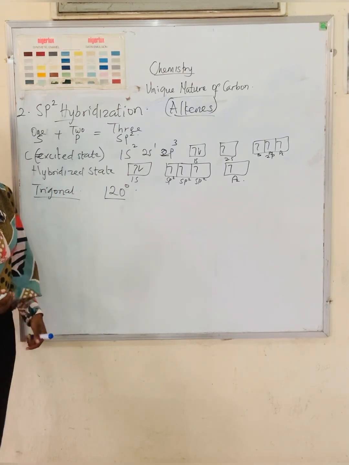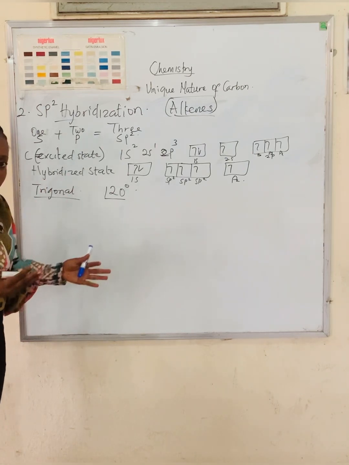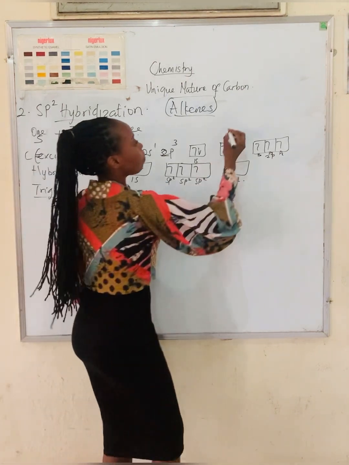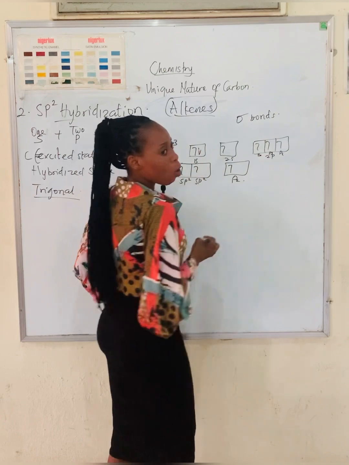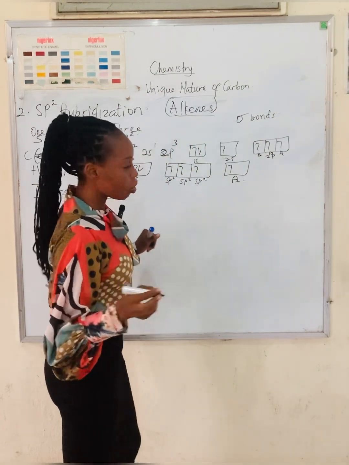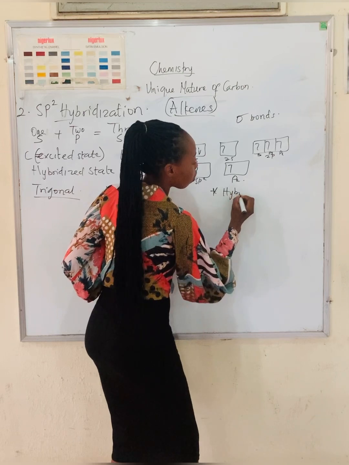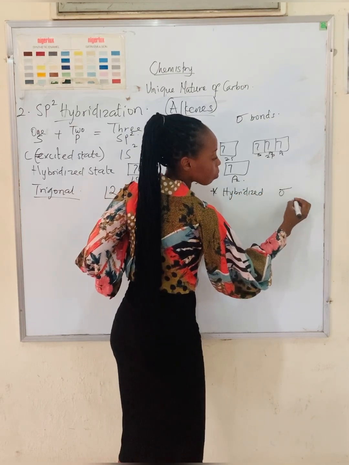Now another thing that I didn't mention when I was talking about SP3 hybridization is that we have single bonds throughout in SP3 hybridization, and the single bonds are known as sigma bonds. So one thing that I want you to notice is that hybridized orbitals form sigma bonds.